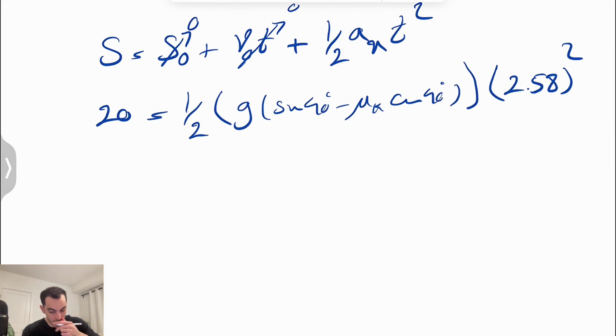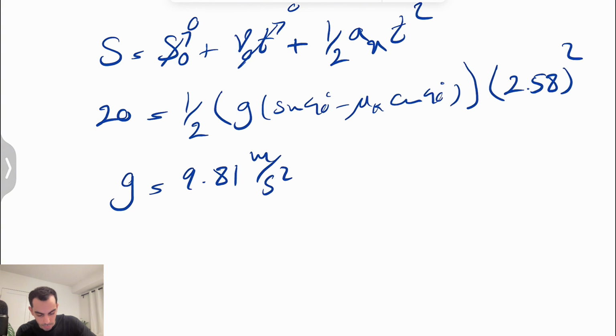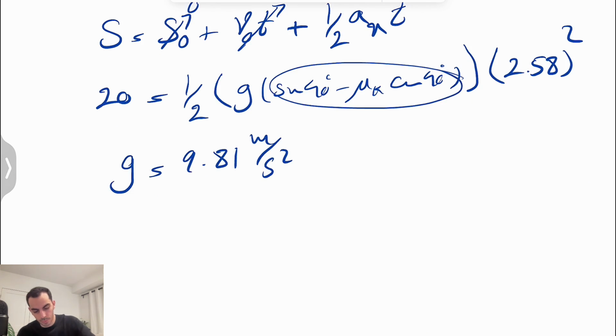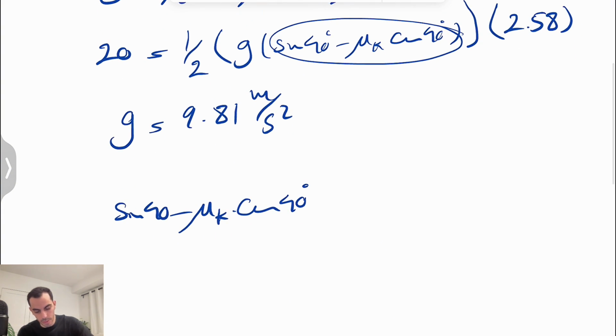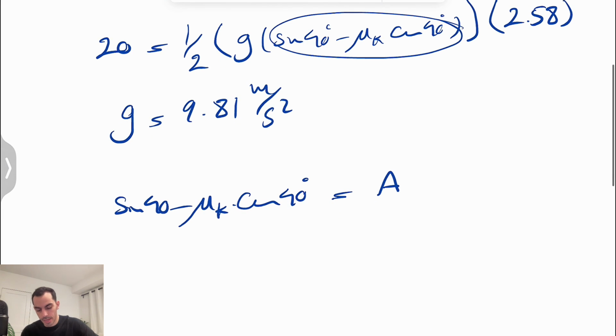Keep in mind that g in here is 9.81 meters per second squared because all the units are SI units. I'm going to keep this as is, sine of 40 minus mu k cosine of 40 degrees, and we can call this a variable, maybe a.